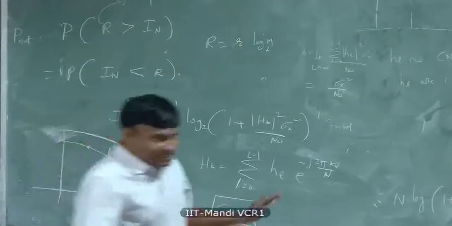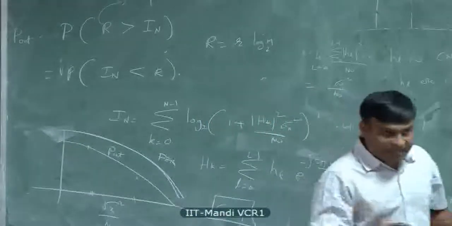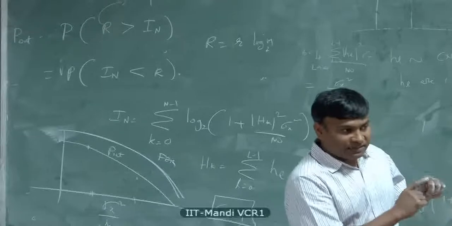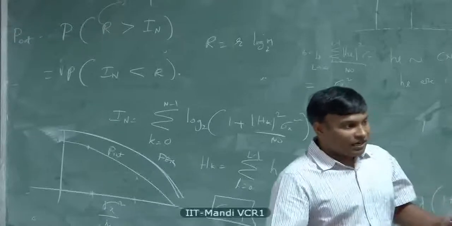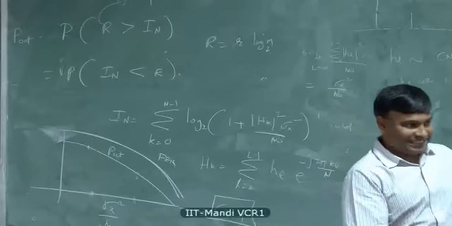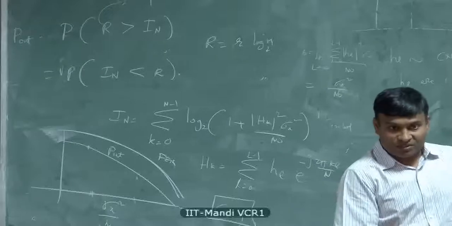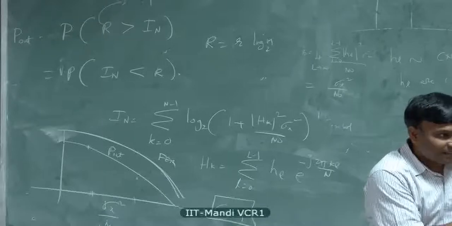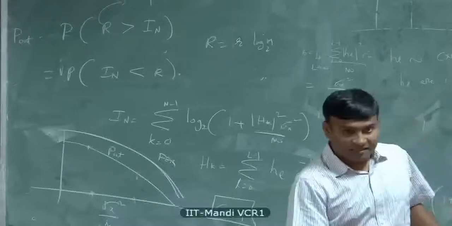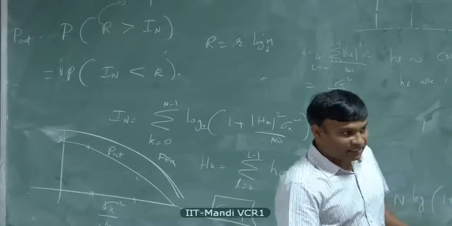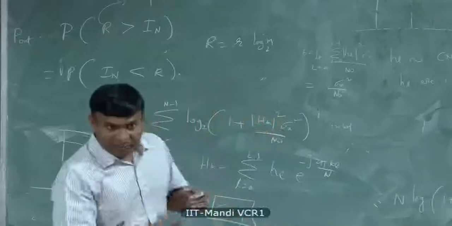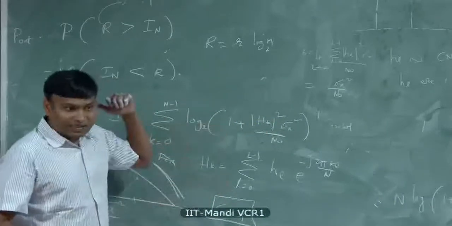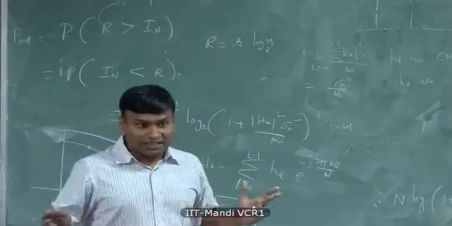The receiver will never see outages or errors because the receiver communicates IN to the transmitter and the transmitter transmits at the rate IN. This is called adaptive modulation and coding. You tell the mutual information to the transmitter and the transmitter constructs a modulation and code rate so that the receiver will decode it successfully. This is with feedback, called adaptive modulation and coding. So IN is fed back to the transmitter and no outage occurs.